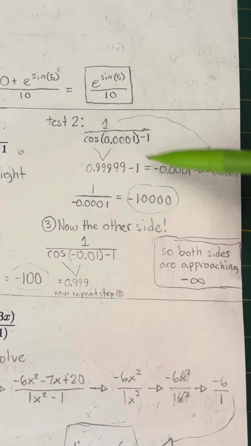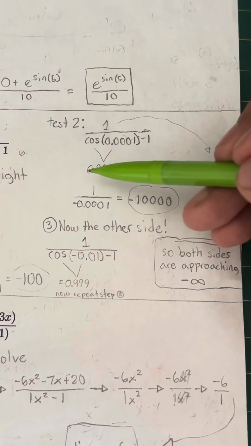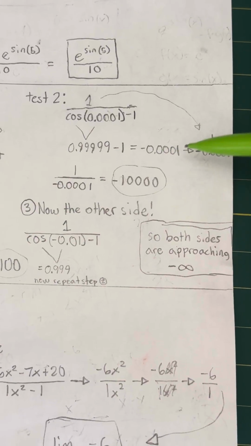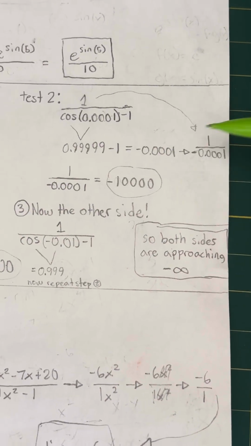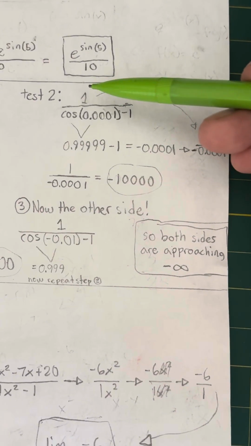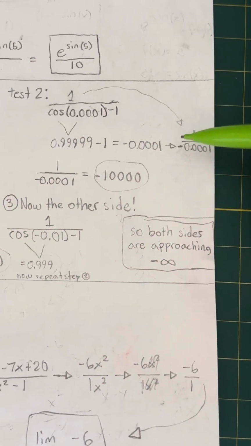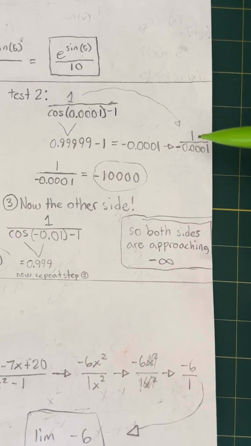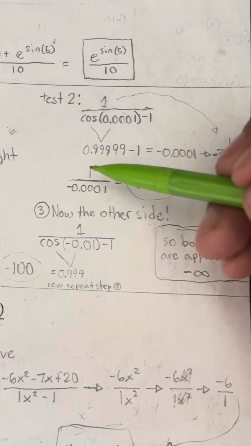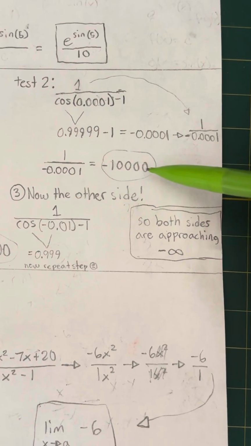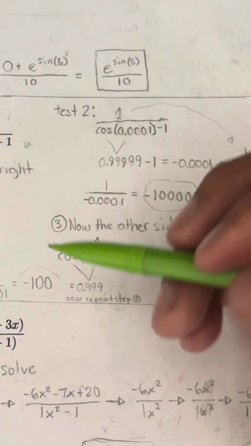And then we just do the same thing. We bring down the negative 1, we compute this, and we get negative 0.0001. Remember that this is on top of this. So we have this now, and we know this could also be written as negative 100, or so. So what are we seeing here?